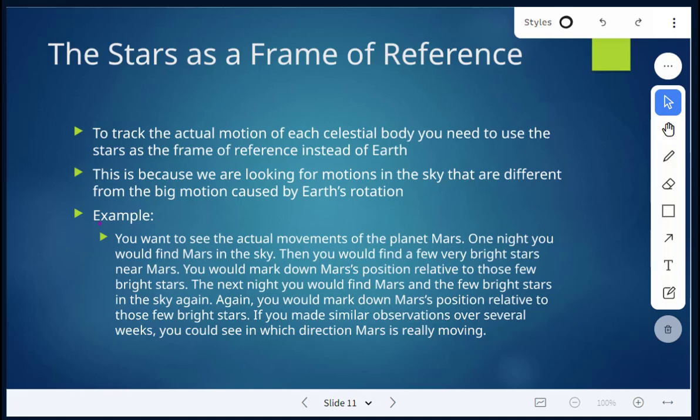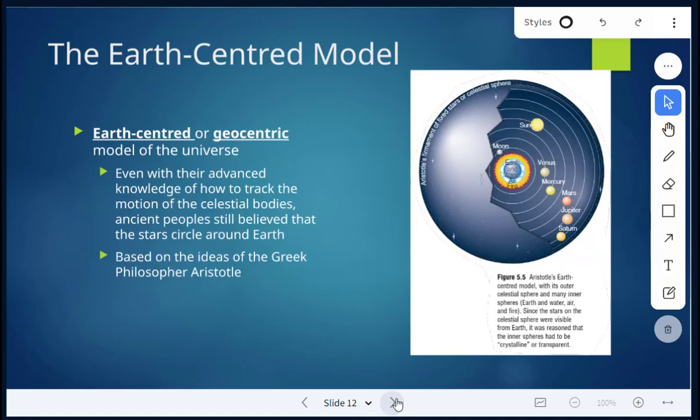Next night, find Mars again and the few bright stars again, and then mark down Mars' position relative to those few bright stars. And if you made similar observations over several weeks, you can see in which direction Mars is really moving. So, using the stars as a frame of reference.